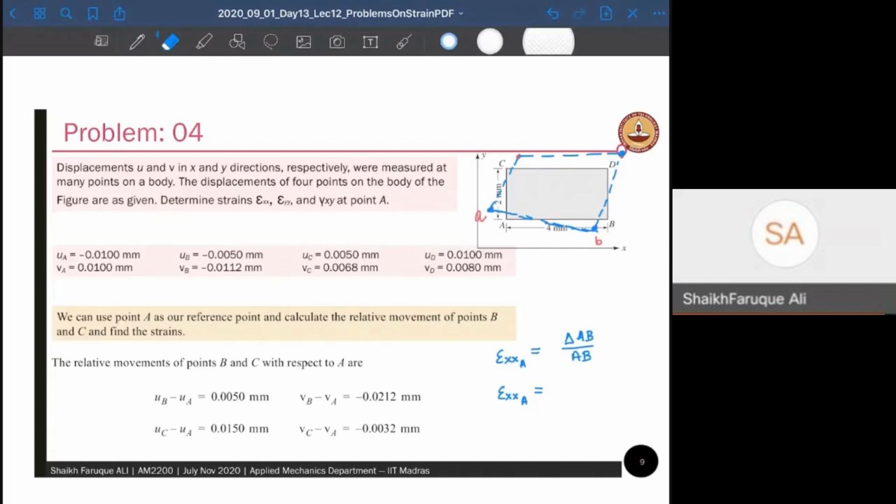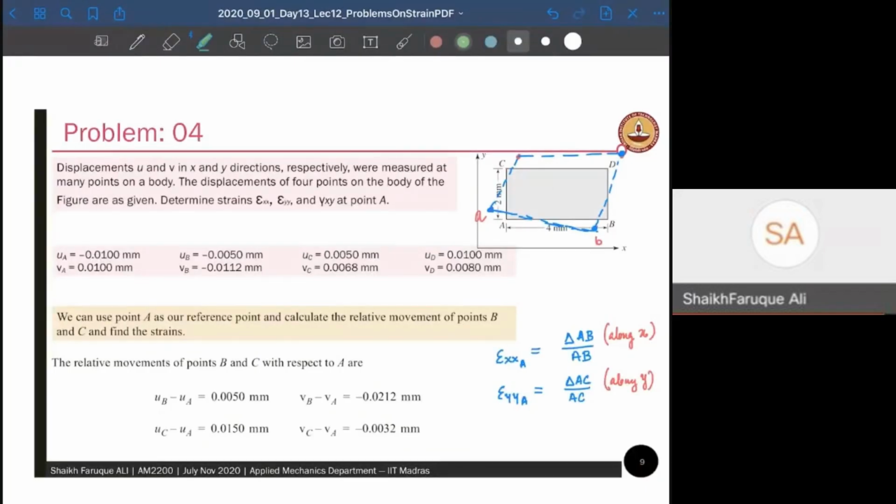Epsilon YY at A is going to be delta AC by AC. This is along X, delta AB along X. This is along Y.